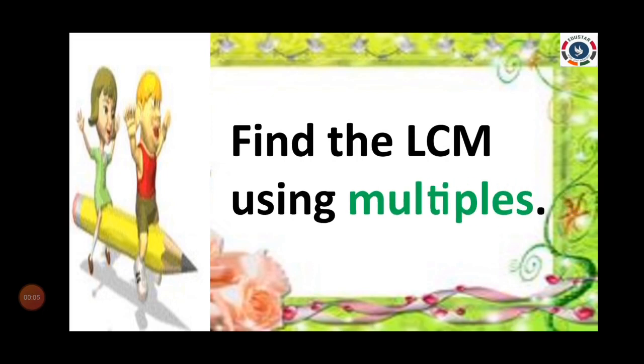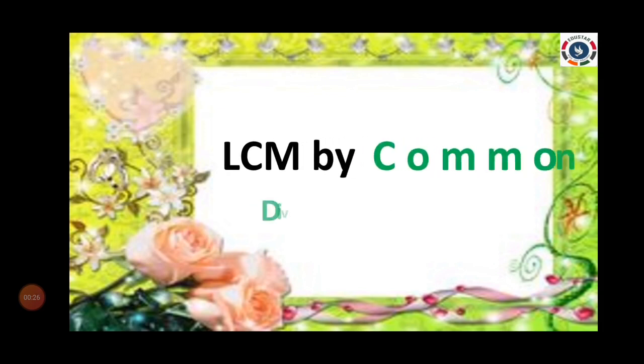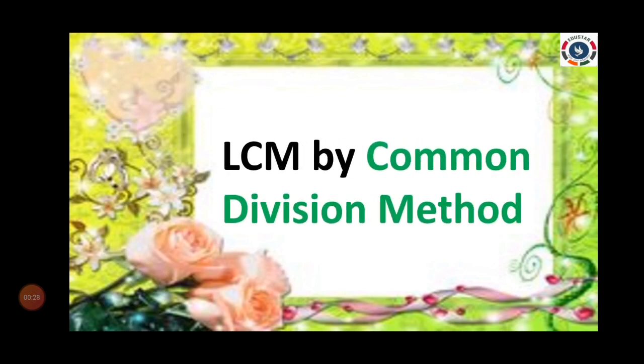How to find LCM using multiples and how to find LCM by prime factorization method. These two topics we have completed in the last class. So still we have one more topic, how to find LCM, that we are going to study: LCM by common division method.